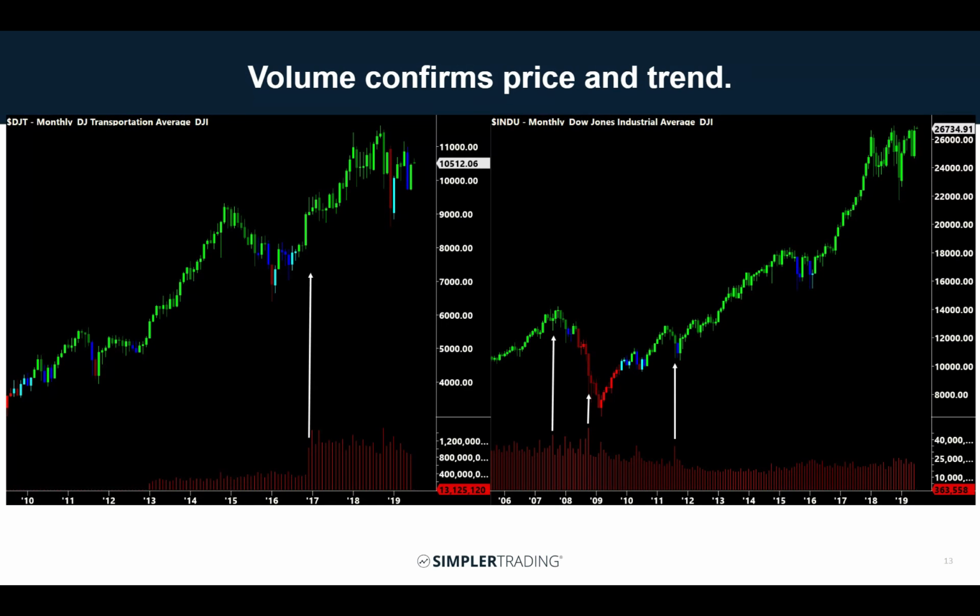If the transportation average starts to get a little wobbly, it goes from green to blue to red, say like we saw here at the end of 2015 going into 2016. Notice how the INDU did get a little wobbly as well, but it did not confirm with a red grab candle. A lot of folks talk about confirming these two, yet I'm not sure how they would do it without a breakdown of Dow analysis via a tool like the grab candles.